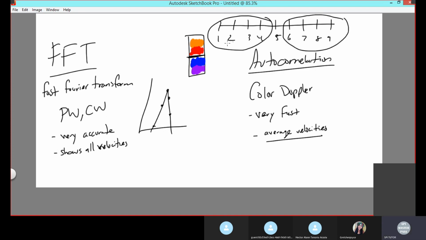If you fall within 1, 2, 3, 4 as the velocity, you're going to be slow. And if you fall between 6, 7, 8 as my velocity, you're going to be fast. And that's it. So that red could be as slow as 1 or as high as 4, but they just called it slow. That's where they cut it off, you know? So that's how I think about these average velocities. They take things that are slow and give it one color, and things that are fast and give it another color. Okay, so that's the way I like to think about it.